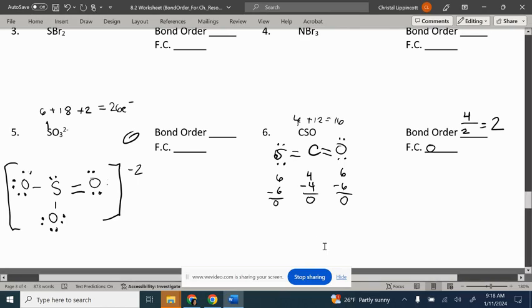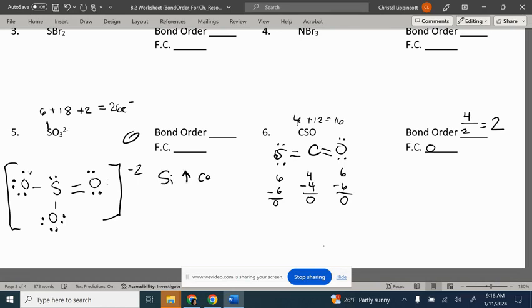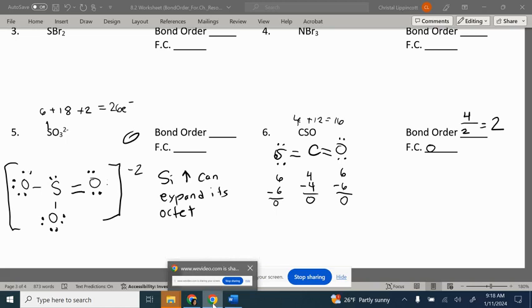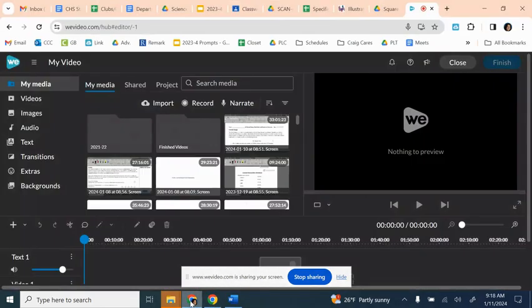Anything silicon and above can expand its octet. Are you wondering how that works? Okay. So let me take you over to a periodic table.